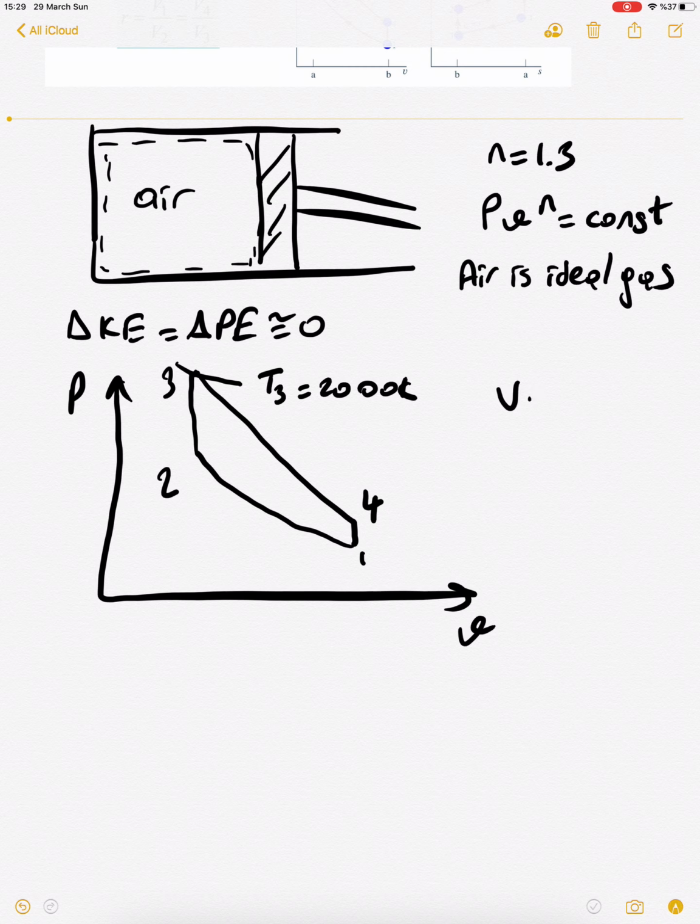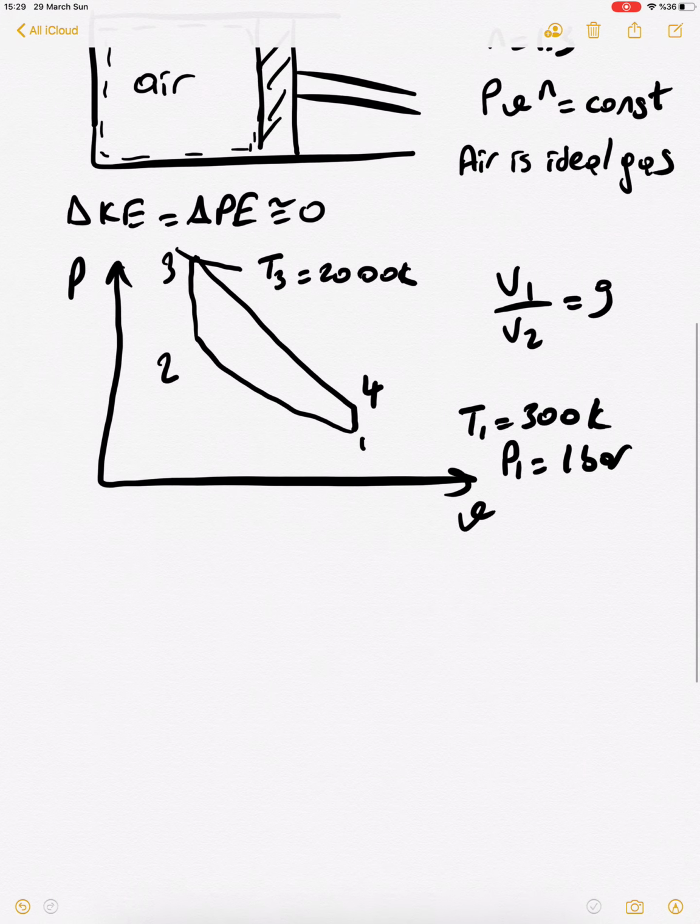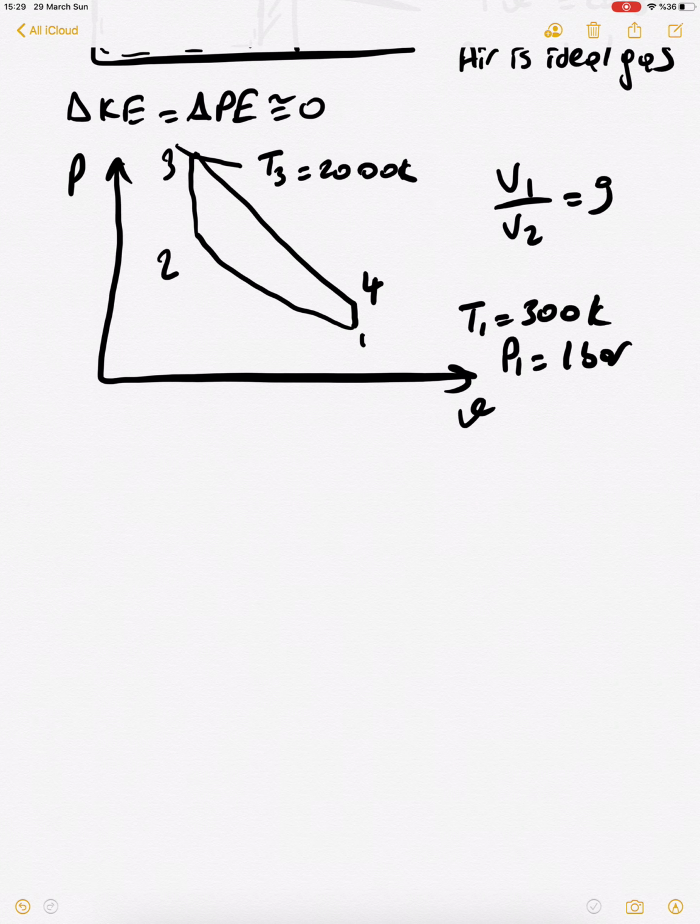And we know the compression ratio V1 over V2 is equal to 9, where T1 is equal to 300 Kelvin and P1 is equal to 1 bar. We have polytropic compression and expansion with n equal to 1.3, all processes are internally reversible, air behaves as an ideal gas, and kinetic energy and potential energy are negligible.